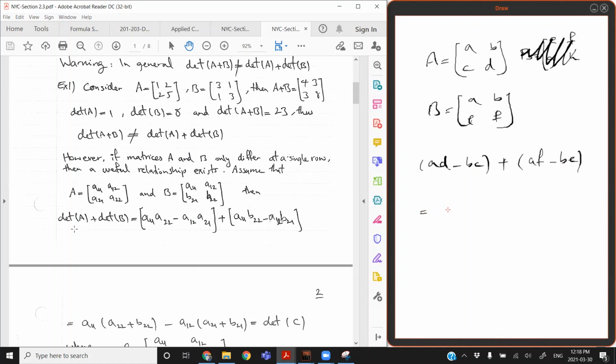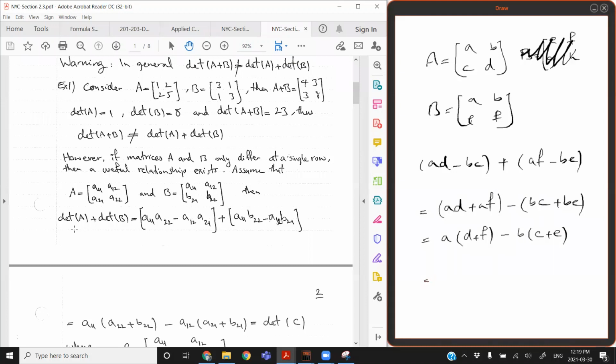We can write this as AD plus AF minus, if you factor out a negative from these two, BC plus BE. Yes, because we have a minus here and a minus here, which can be factored out. And then this can be written as A times D plus F minus B times C plus E.